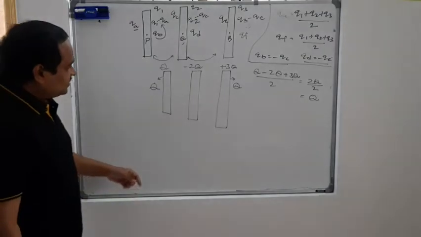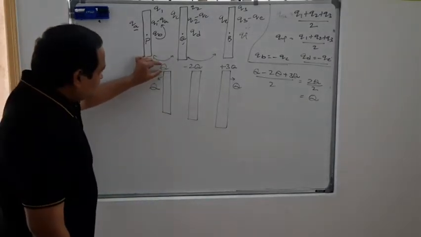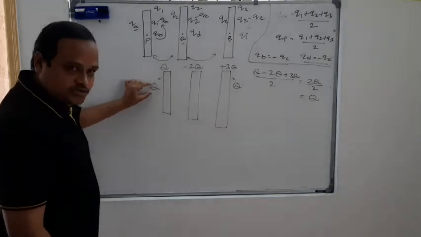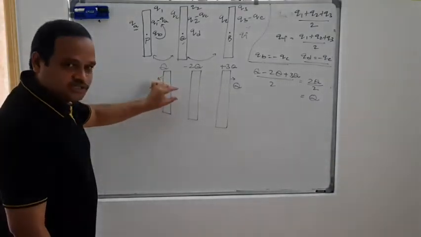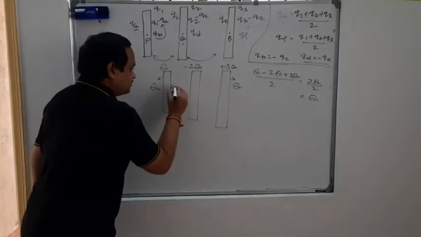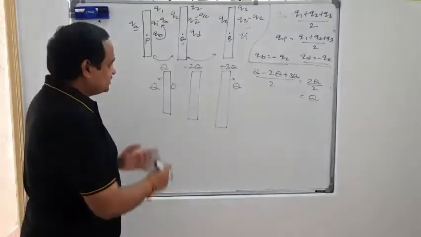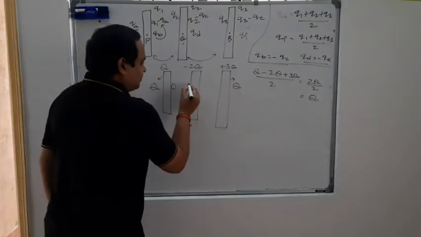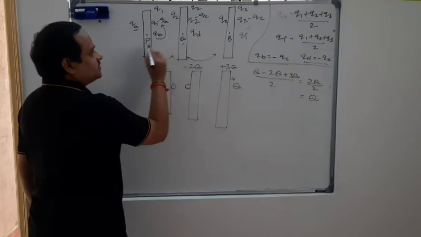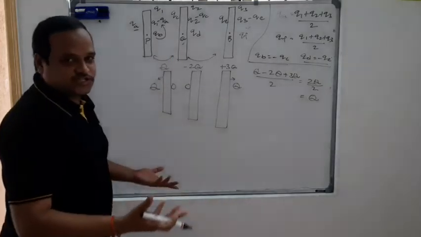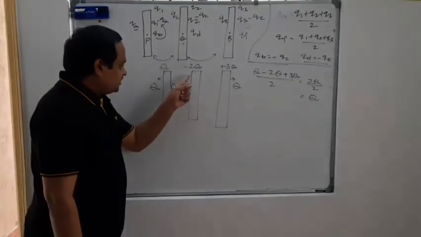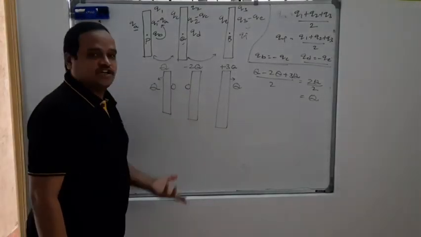So we discussed that the charge on these conductors is distributed on the outer plates. What about the inner plate? No charge, so the charge induced on it will be 0. The opposite plate will also gain the same charge, because inner plates always gain equal and opposite charges. If there is no charge, then both inner plates will never get any charge. The same way, this plate will also gain the charge 0.